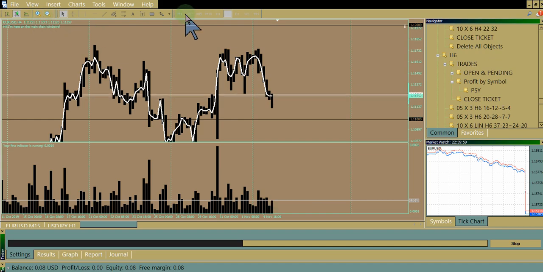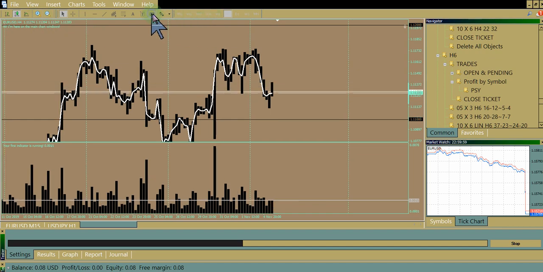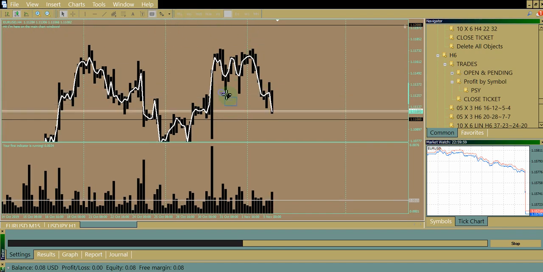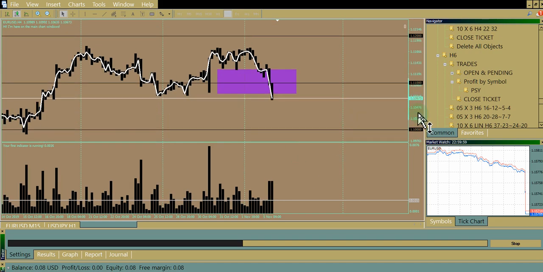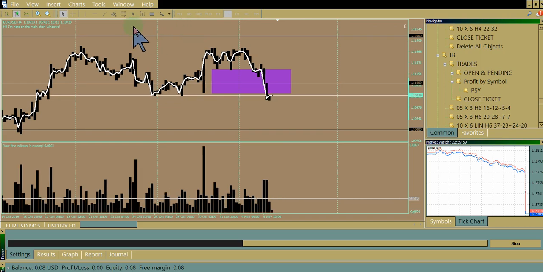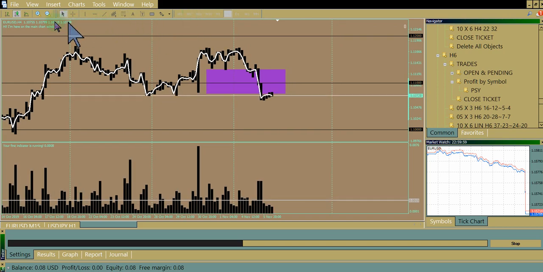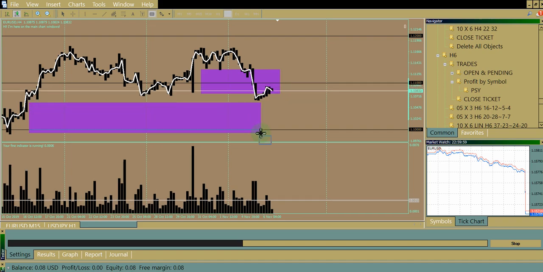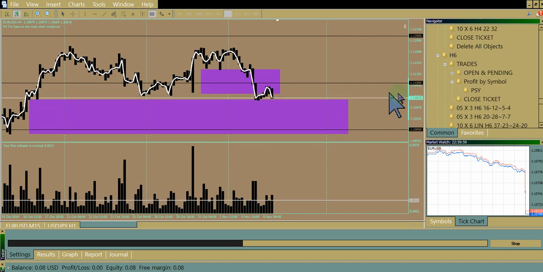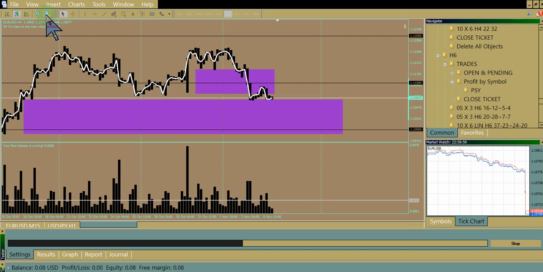Yeah, so drawing a box for your entry. Okay, so I know I had buy limits in here, and I know I put them in here. A giant vacuum that's been stacking up here for quite some time.